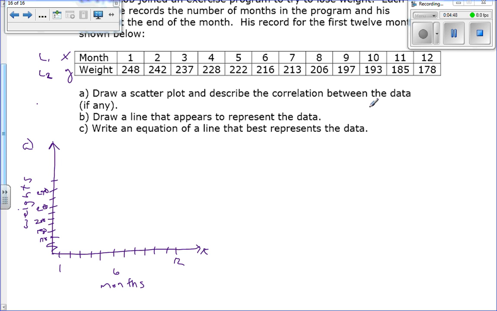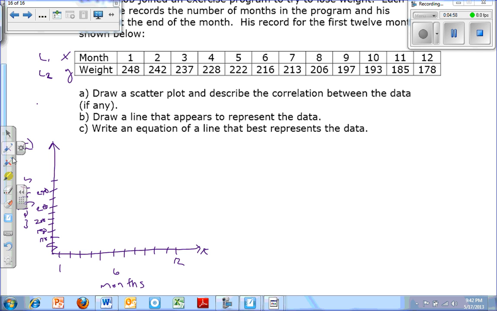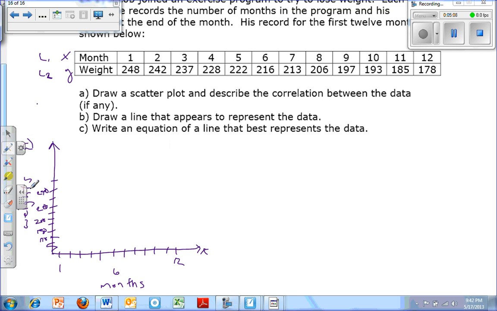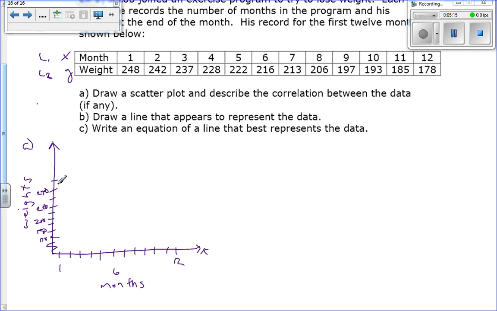And then we just go through and we plot our points. So month 1, we were at 248.